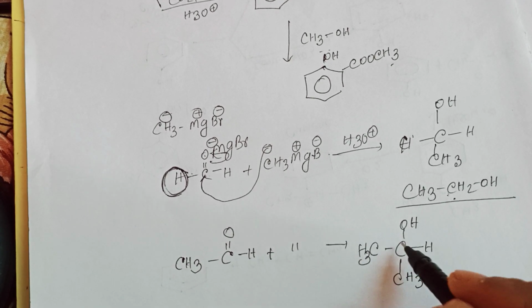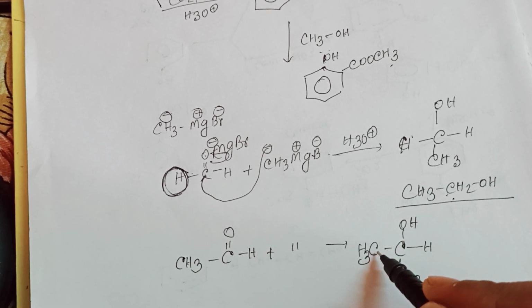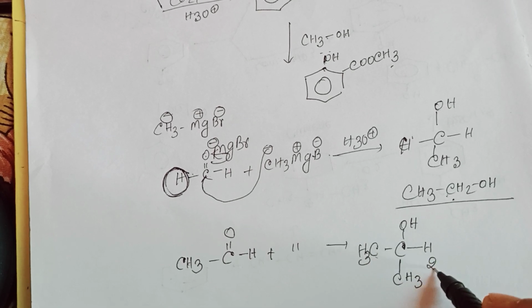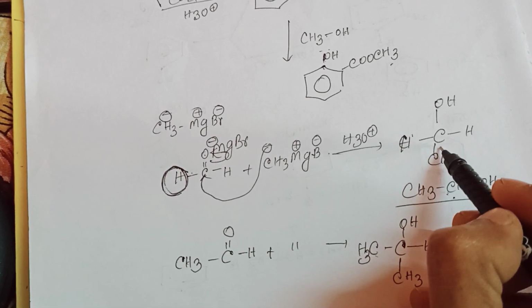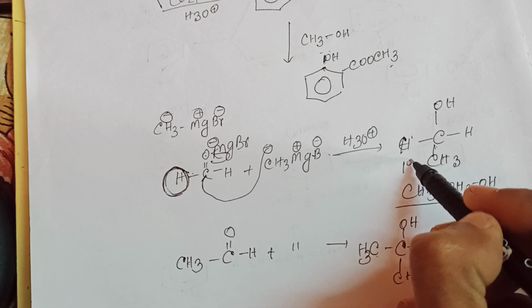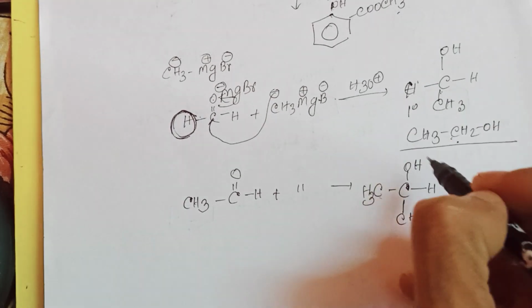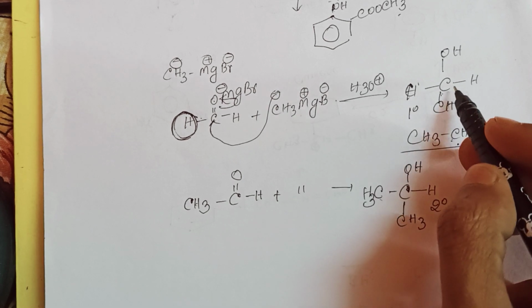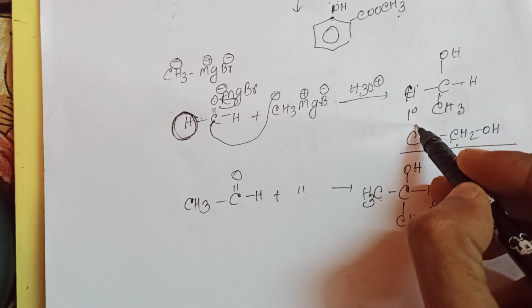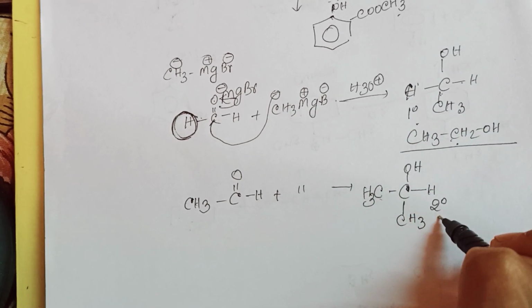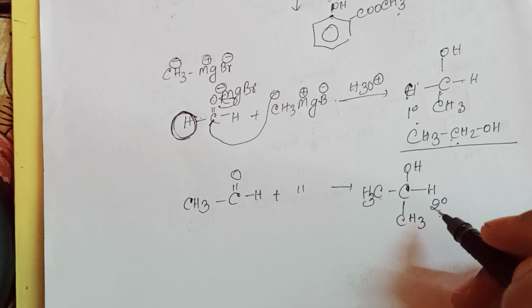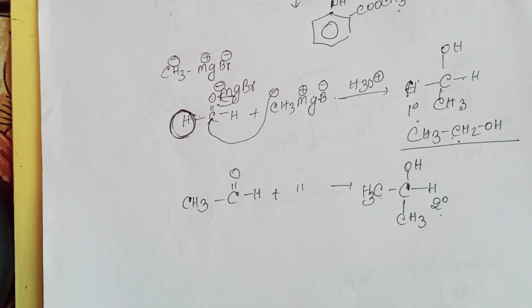It is called a 2 degree alcohol because the functional carbon is attached to two carbons. Where one carbon is attached, it is a 1 degree alcohol. In the 1 degree case there are 2 hydrogens, and in the 2 degree case there is one hydrogen. In the case of 3 degree, there is no hydrogen atom.